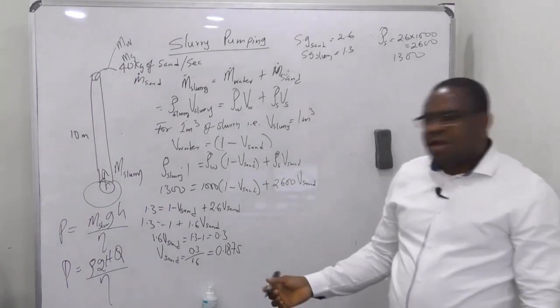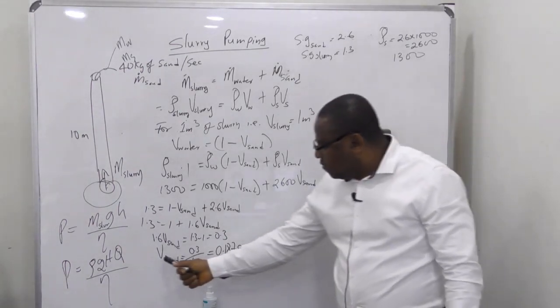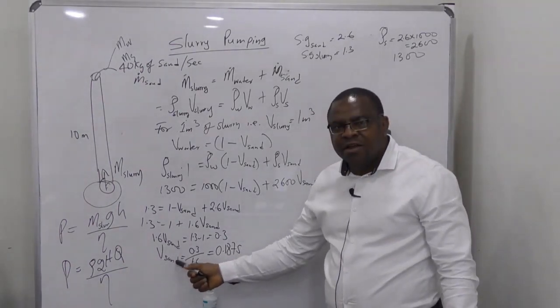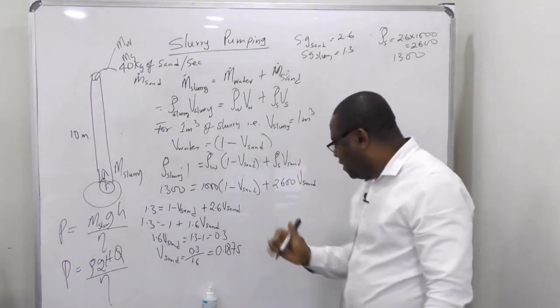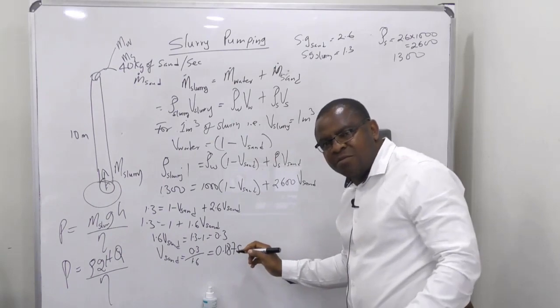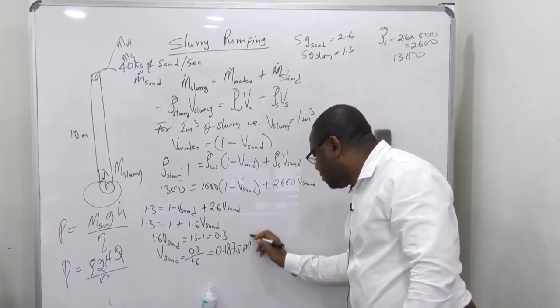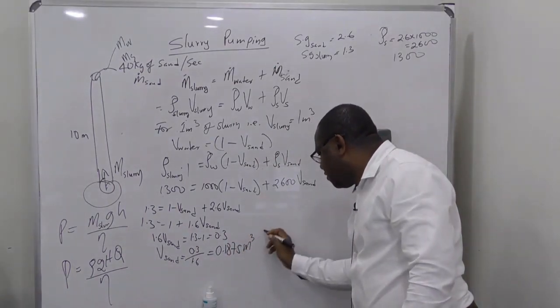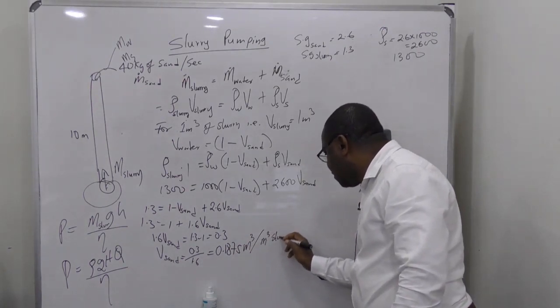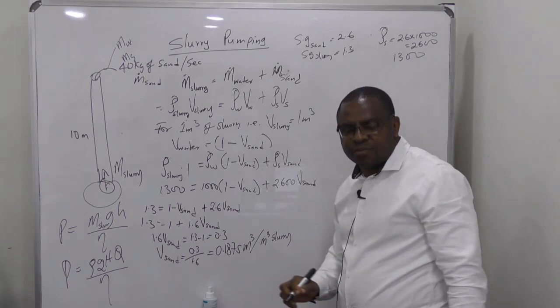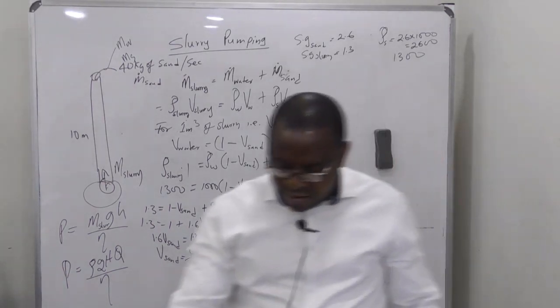What does that mean? This is the volume of sand for 1 meter cube of slurry. This is in meter cube, the volume per meter cube of slurry. Okay, did you get that?